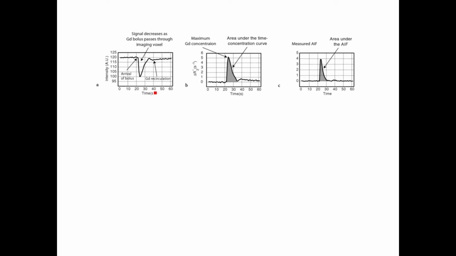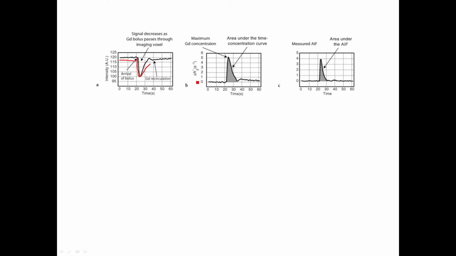In this plot, we can actually observe the process better. Here, assume that we are taking fast images over time in small time intervals. When the gadolinium is not present, the received signal will not change significantly, so it will be a constant line. However, when the gadolinium passes through the blood, the received signal strength will decrease sharply, and over time it will start to recover as the gadolinium starts circulating through the body.